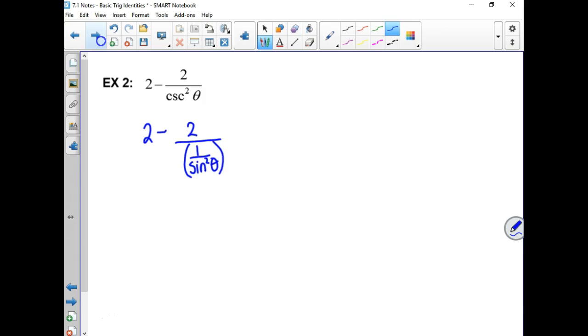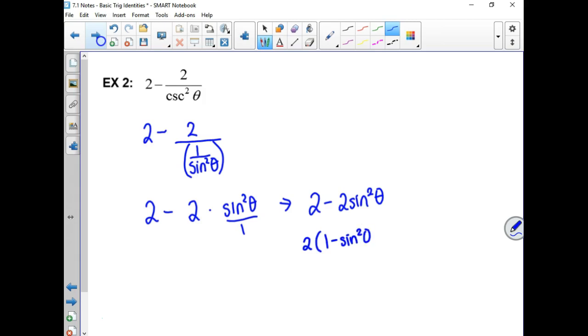What that's really going to do is 2 minus 2 times sine squared theta over 1, which is going to give me 2 minus 2 sine squared theta. Now, here we have a 2 that we could factor out, so that would give me 2 times 1 minus sine squared theta. Now, we haven't seen this yet, but this should be something that eventually we start to notice a lot here. 1 minus sine squared theta. This is sort of an identity.